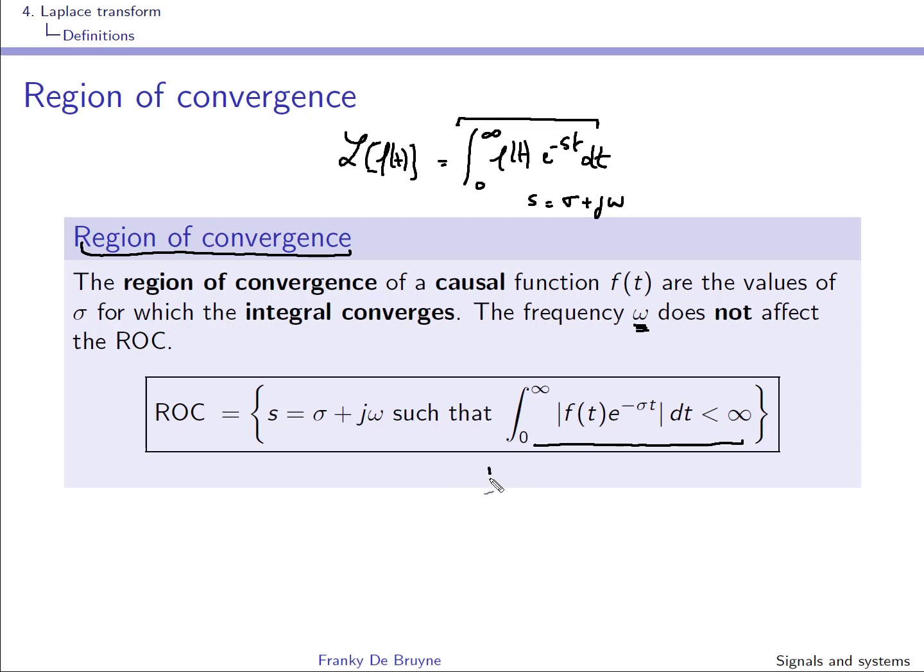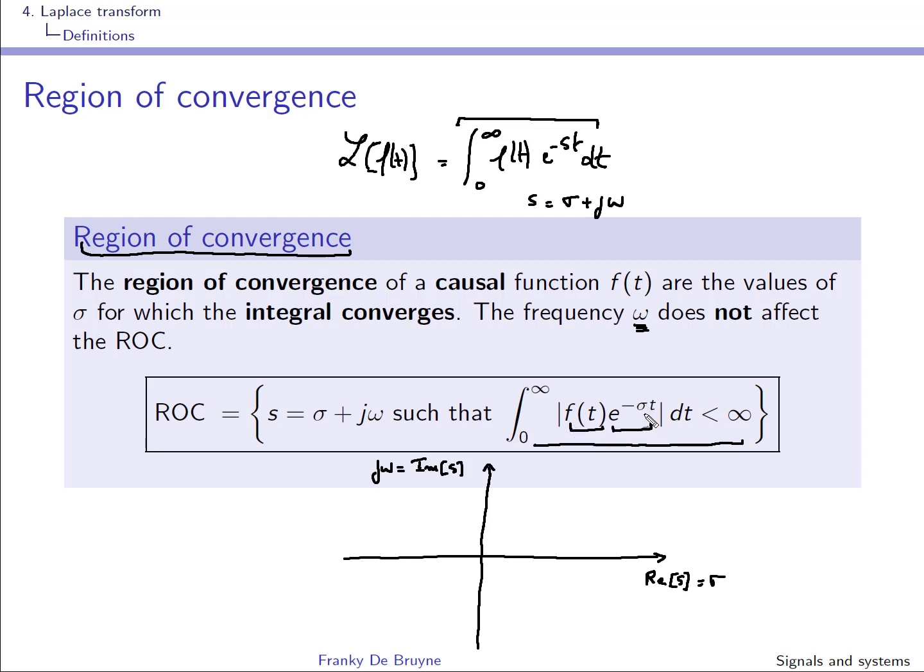So if we make a drawing of the complex plane, the S-plane, the Laplace plane, it has several names. Okay, so here we can call it real part of S. So this is sigma. Here we'll have the imaginary part of S. So this is j omega. We can have a look at the shape of this region of convergence. You can see that when sigma becomes large, well, this will dampen the signal f of t.